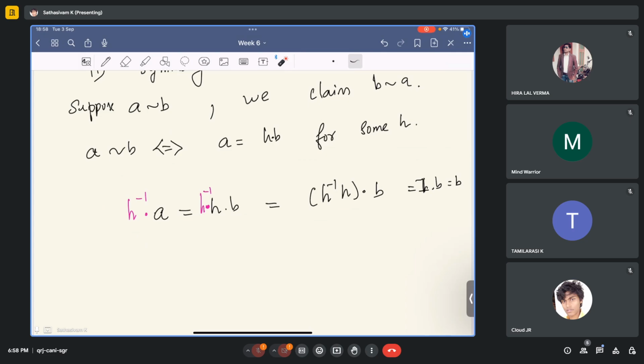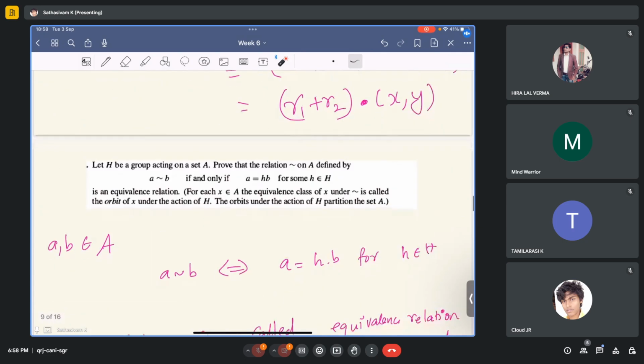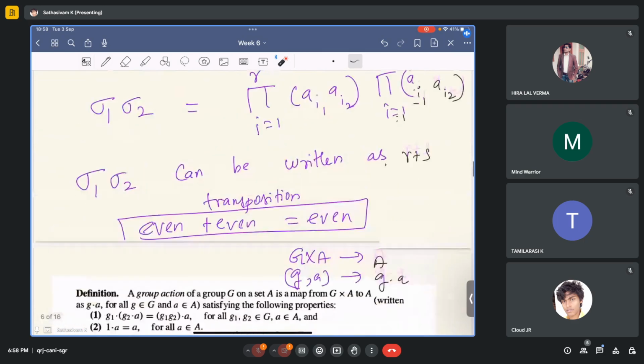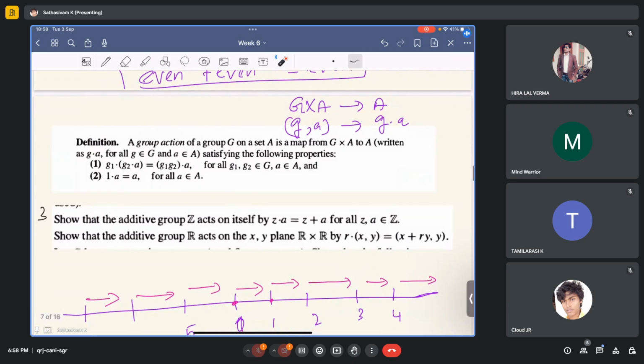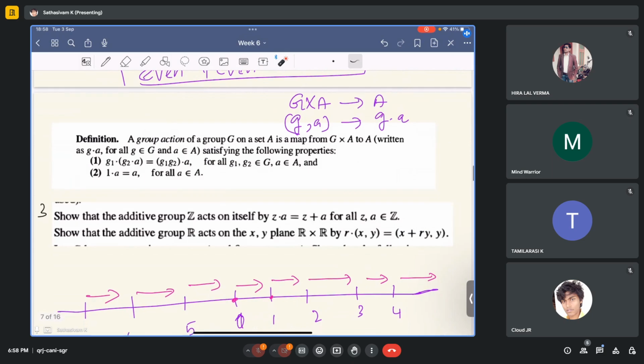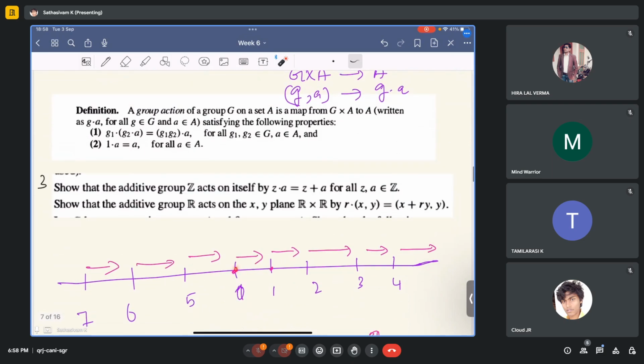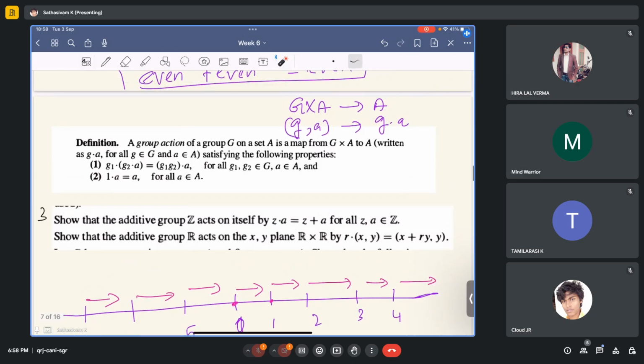See, for example, here, if you go with the definition of group action, one can also say any map from G cross A to A. Basically, what does it tell you? An element G takes this A and hits it to some other element. So one can say, okay, this is a group action, but the point is this is not enough for us to say anything more.